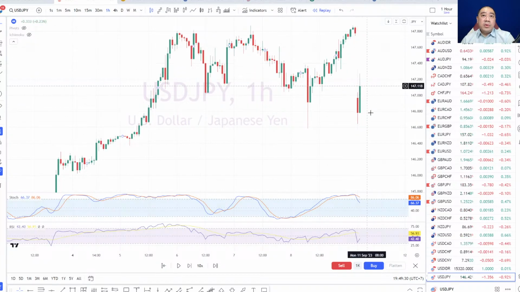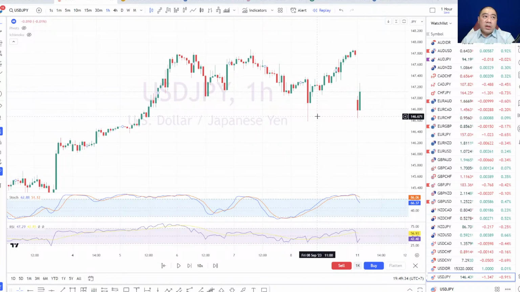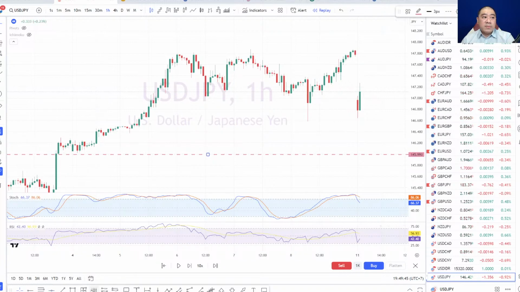We have a huge drop to the downside. We have a couple of supports building up, but nothing significant until about 146. We want to highlight 146 because that's a key psychological level, and that's basically the support area right around here. And that's basically the focus.